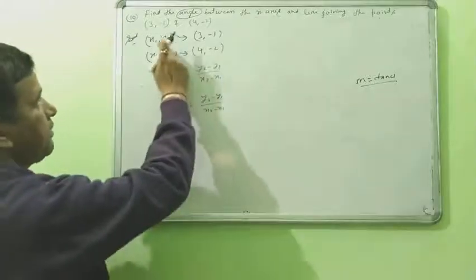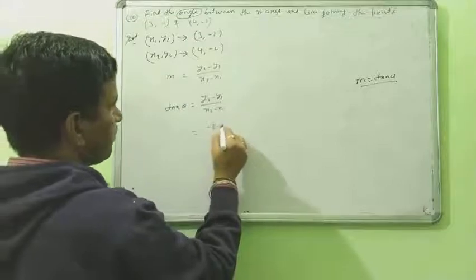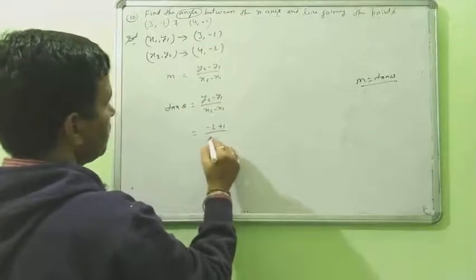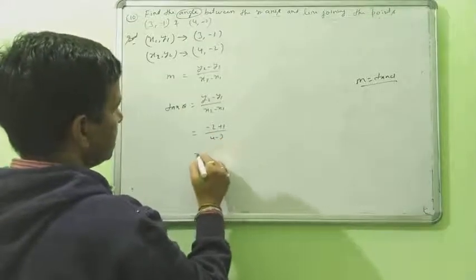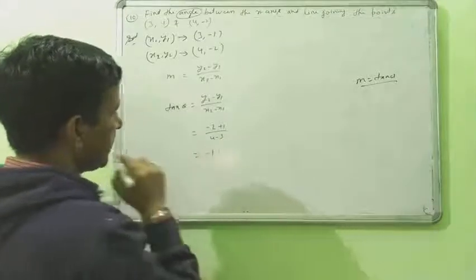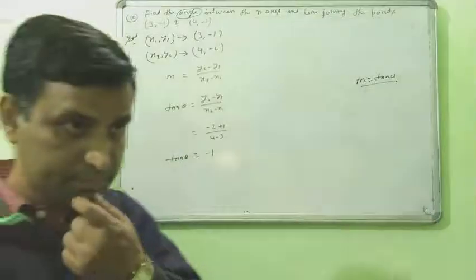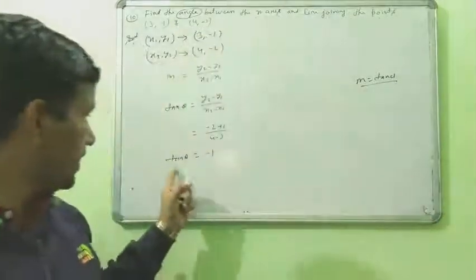Same thing, we put x2, y2 minus y1, then minus 2 plus 1 upon 4 minus 3. What will become? 1 upon minus 1, this comes here as minus 1. The value of tan theta equals minus 1.